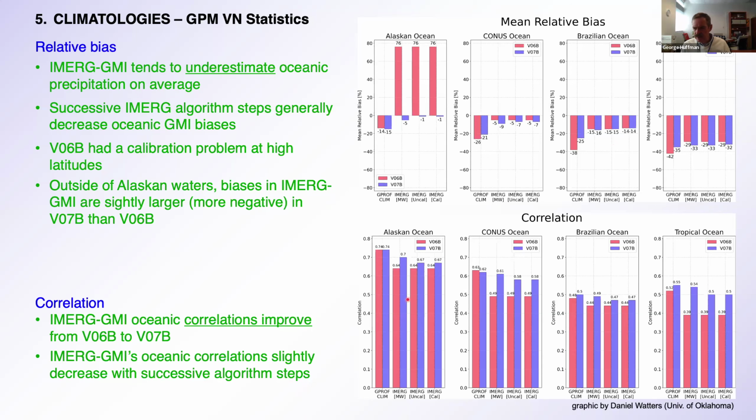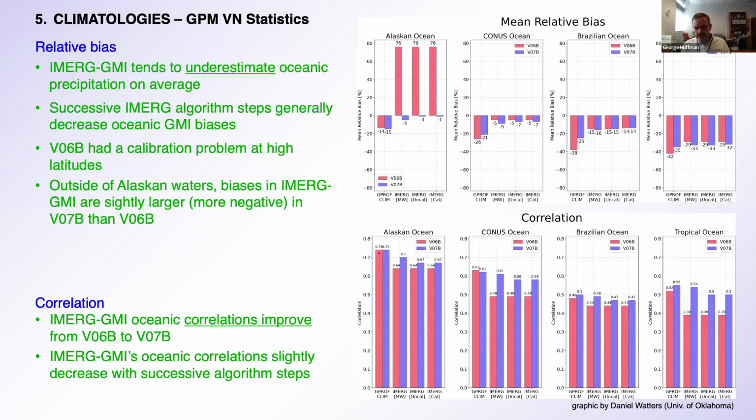In terms of correlation, which tells you about sort of the scene-to-scene variations, remember, bias is what's left after you do a lot of averaging. Correlation is a way of telling you about the random error. Version 7 was a notable improvement from version 6. If you look across, there are multiple bars here because it's the various stages of going from just the input data to the final or the complete IMERG product.